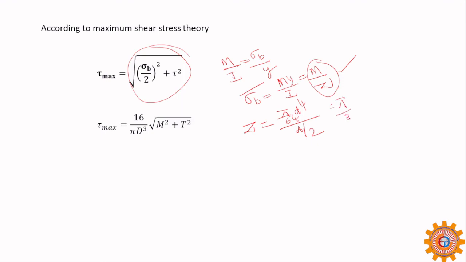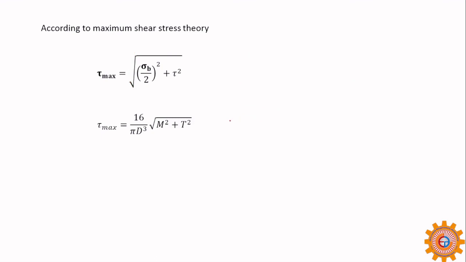This is the section modulus, whereas Zp is the polar section modulus, in which case we use J. If you substitute all these things, you will get 16 by pi d cube, where d is the diameter of the shaft. This is the bending moment in Newton meter, and this is the twisting moment, also in Newton meter.